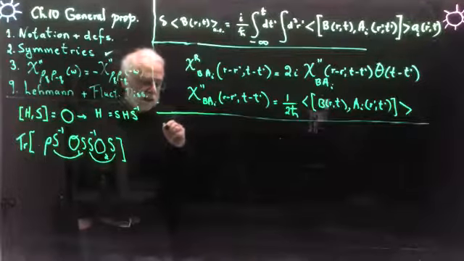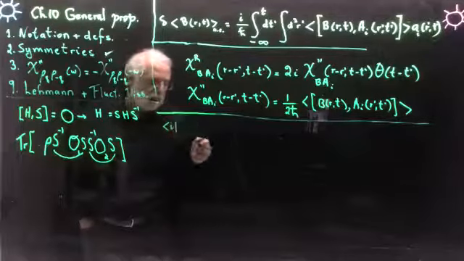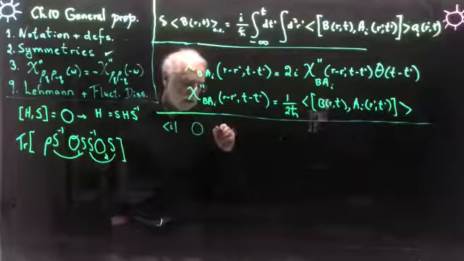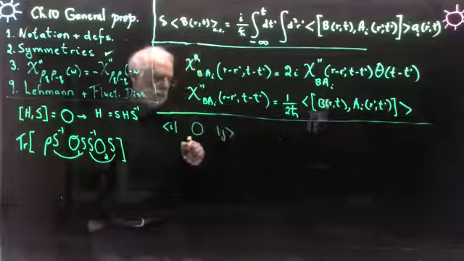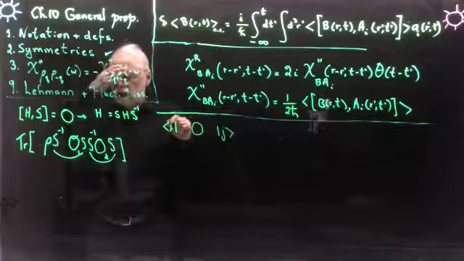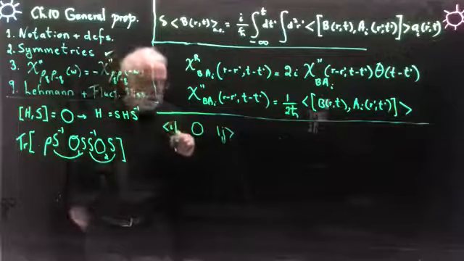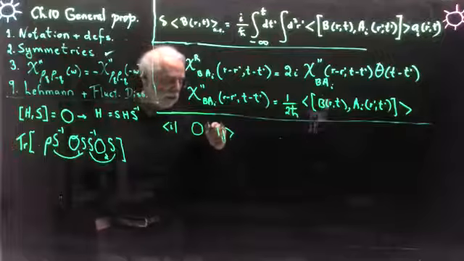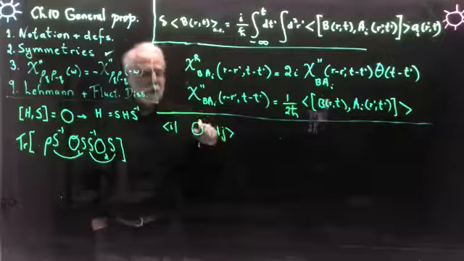So let's look in general at the expectation value of I times some operator times some other many-body state J. Let's do the time reversal operation on the wave function.